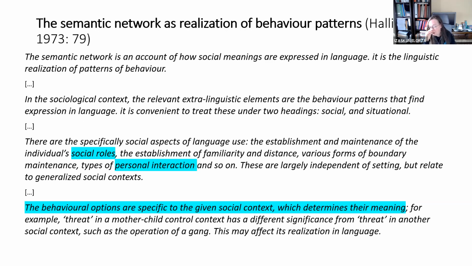This stems from Halliday, 1973, when he talks about system networks in relation to behavioral patterns. So it is again like talking about patterns of social behavior, and it is by considering the given social context, the one which determines the meaning of those behaviors.